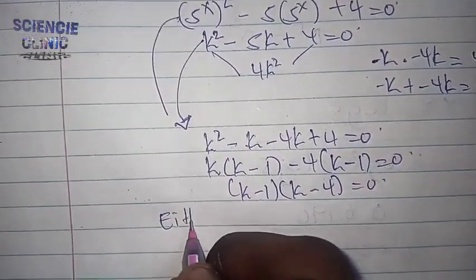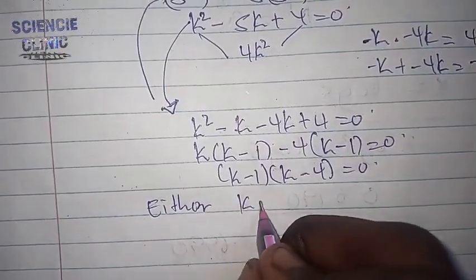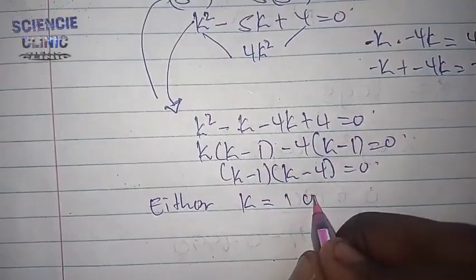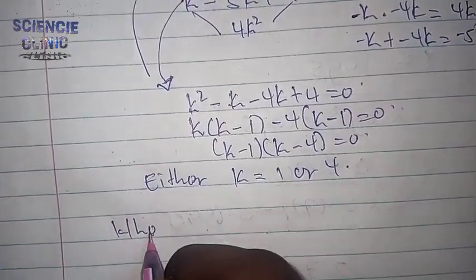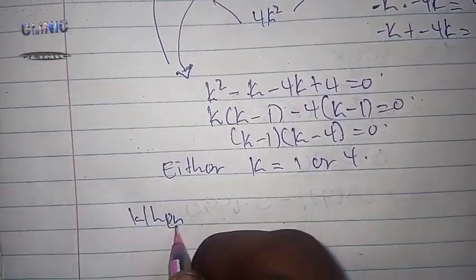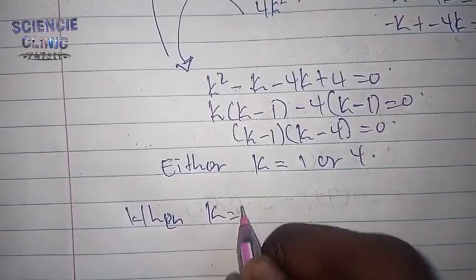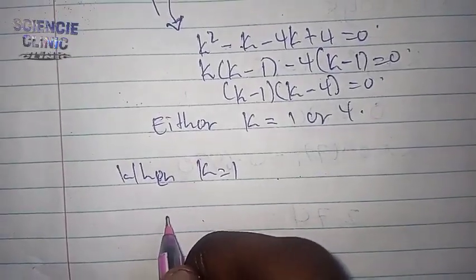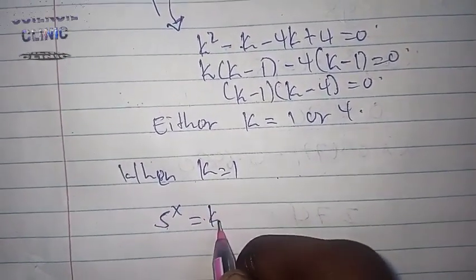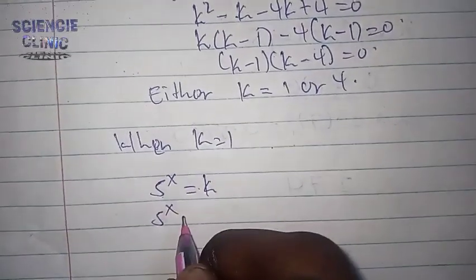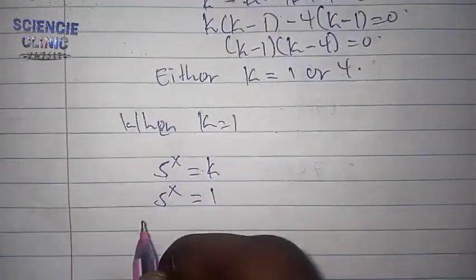Either k will be 1 or 4. Now you can say when k equals 1, we know that 5 to the power x will be equivalent to what? To k. 5 to the power x will now be equivalent to 1.